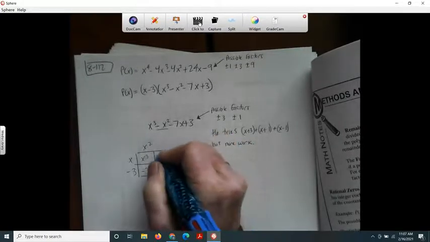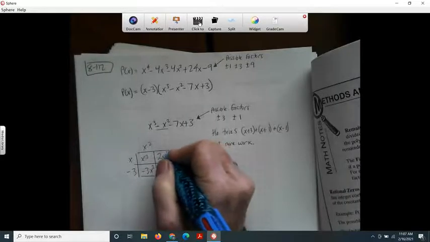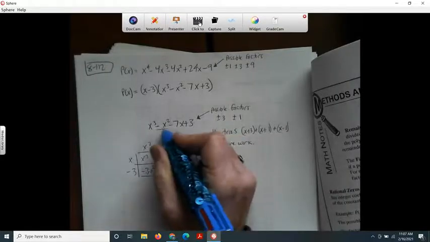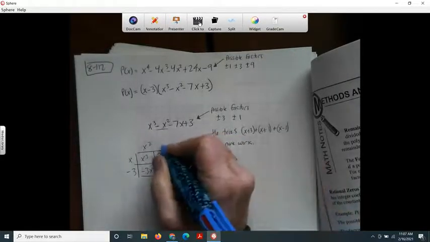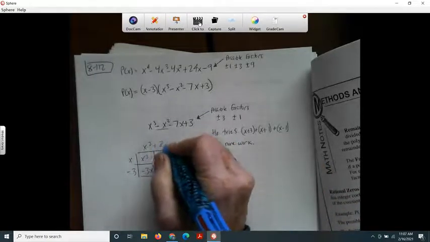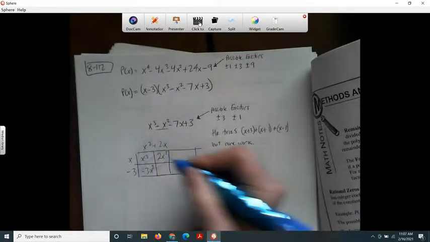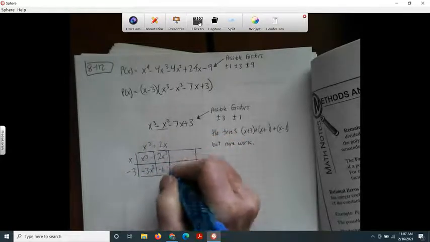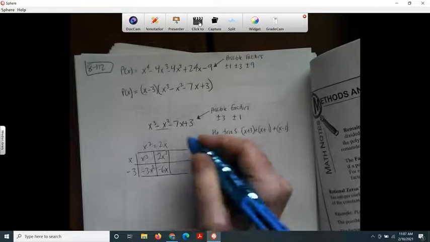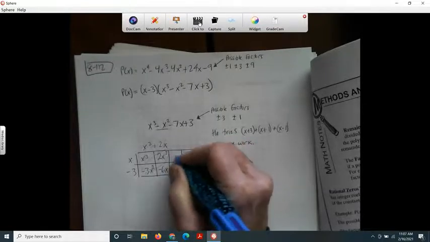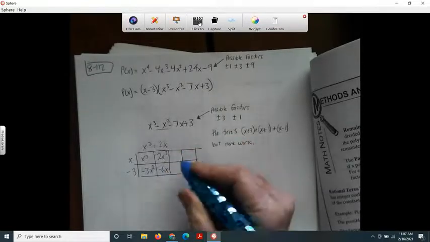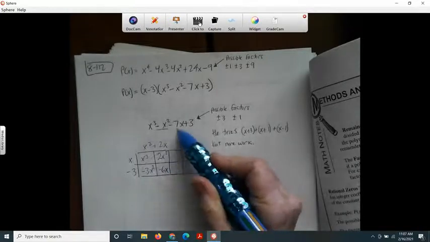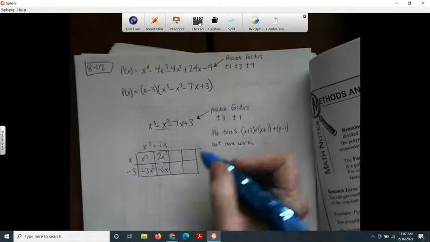And so that forces this top part to be a 2x, because they have to multiply. And then these two multiply, and we get -6x. And then I know that these two diagonal boxes have to add up to make -7. So I know this has to be -1, and that forces this top box to be -1.